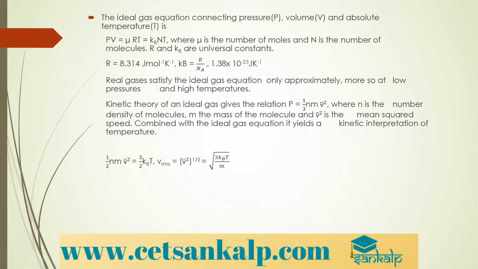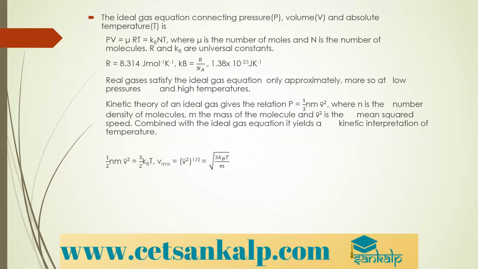Instead of mu R, we can write it as Kb N T, where N is the number of molecules. R is the universal gas constant and Kb is called the Boltzmann constant.